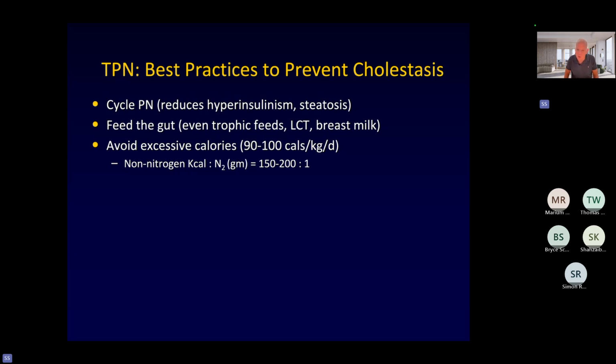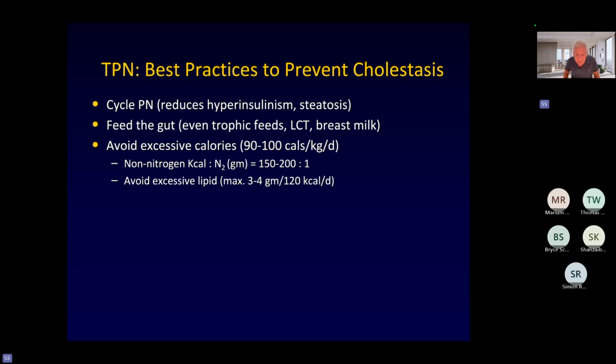This is not grams of protein, it's grams of nitrogen. And how do we convert grams of protein to grams of nitrogen? Divide by 6.25, all right? So the non-nitrogen kilocalories to nitrogen in grams should be 150 to 200 to 1. Anything that is above that is going to give you excess carbohydrate or excess calories. Those calories are going to be used to synthesize fat and are going to exacerbate steatosis.